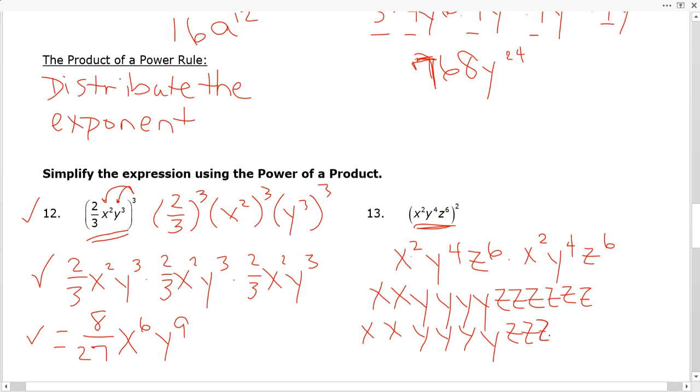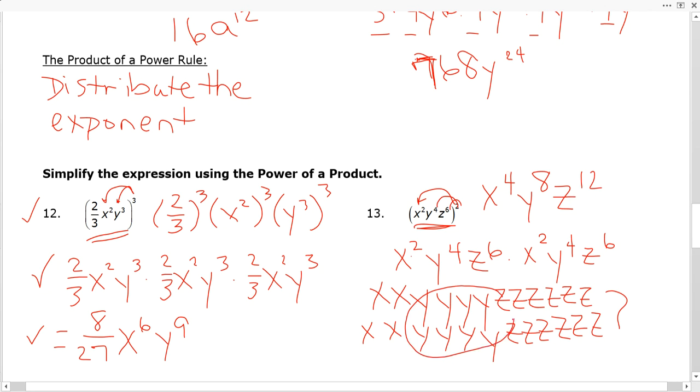At some point it gets tiring doing this and you're going to want to do your shortcut, which is just 2 times 2 for the x, 2 times 4 for the y, and 2 times 6 for the z, which here's my 12 z's, here's my 8 y's, here's my 4 x's, so that this is my answer.